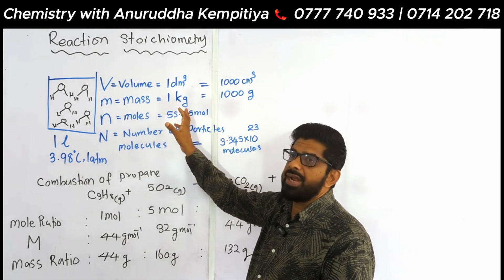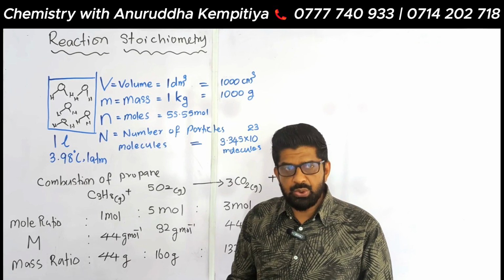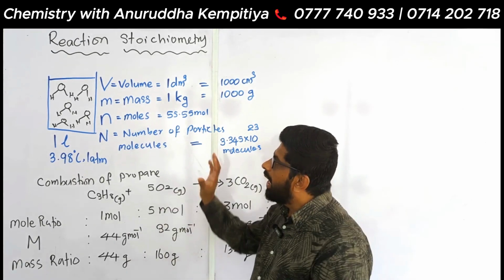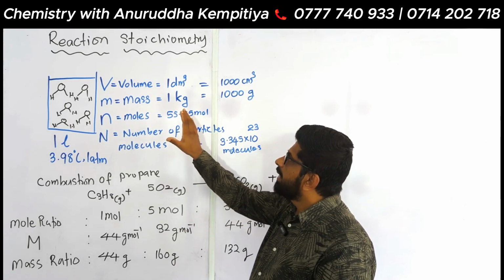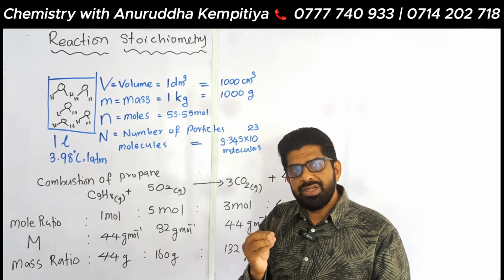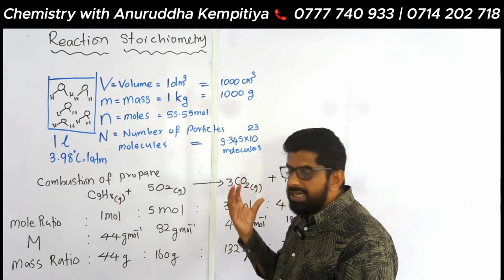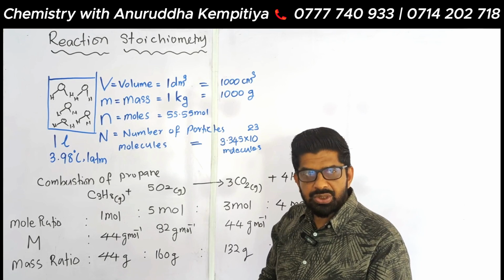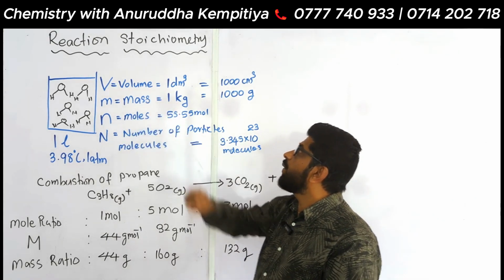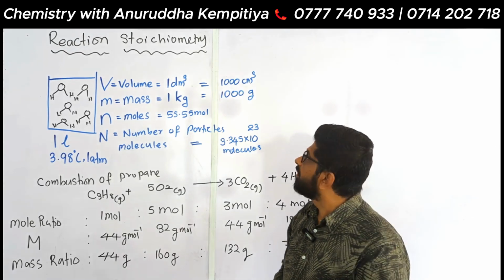Mass is 1 kilogram, because I have used the density of water and worked out what the mass is if I take 1 decimeter cube of water. So it contains 1 kilogram or 1000 gram.